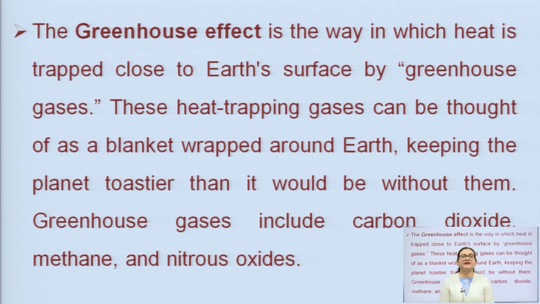These heat-trapped gases can be thought of like a blanket wrapped around the earth, a hot blanket giving earth a boiling temperature, exceeding what any living organism or biomass could tolerate, keeping the planet toastier than it would be without them.